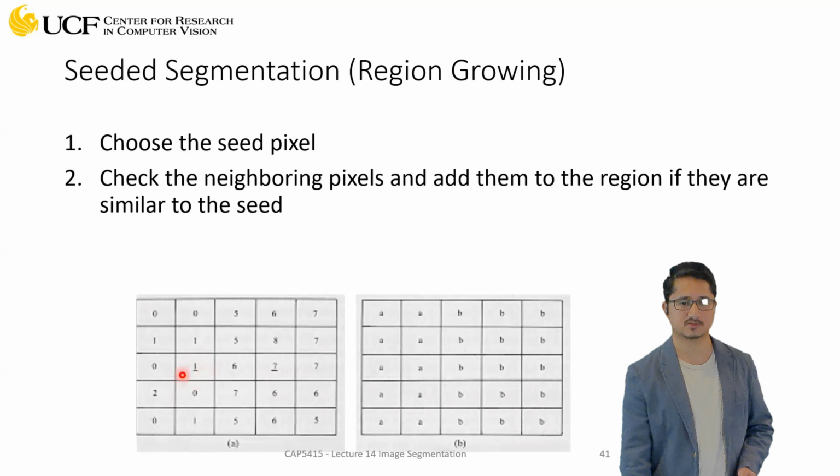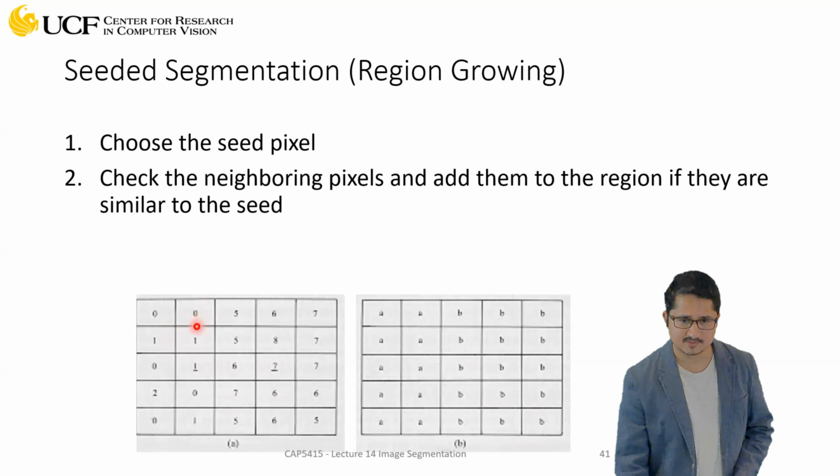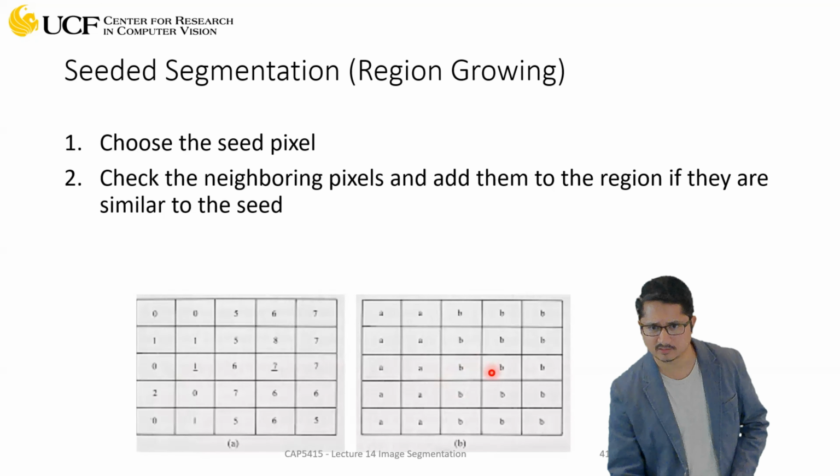Now, if this is your seed, then of course you can see that this is 1. So definitely this is the segment you're going to add to this pixel. Again, this is 1. So you will keep growing those. And if the threshold is less than 1, all the 0 values will be added. And if it's less than 2, this I think is also going to be added. You can see that at the end, you are getting these two regions.